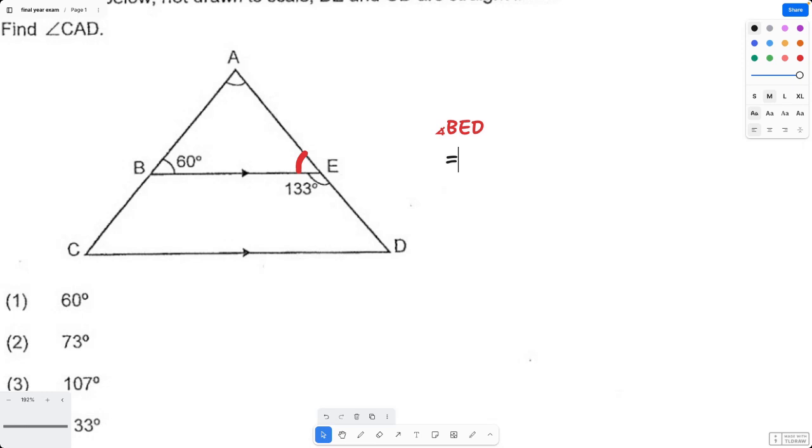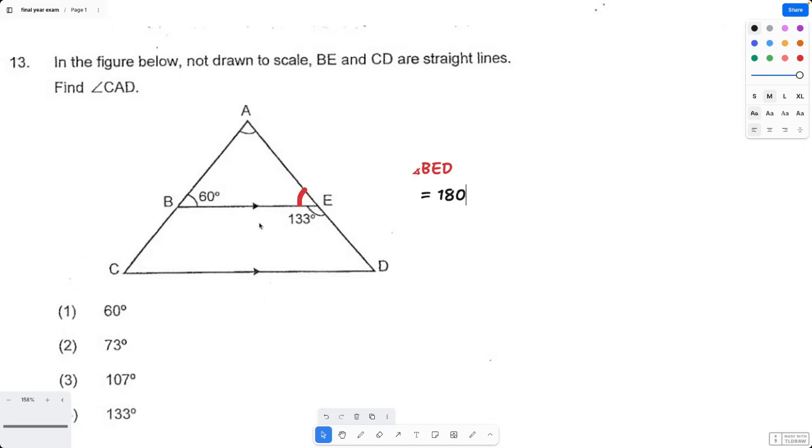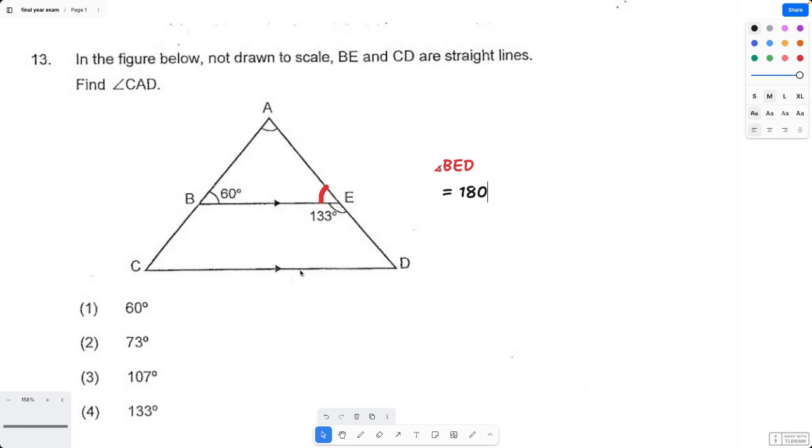This will equal 180, since BE and CD are straight lines, so 180 minus 133, and this will give us 47 degrees in this case. So BED is 47 degrees. We can write down here 47. Wait, let me just copy this actually. 47 degrees.